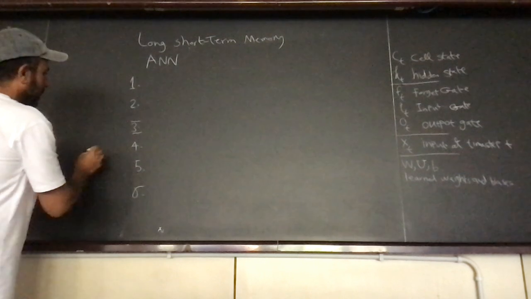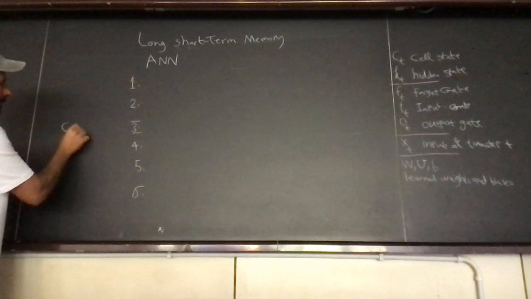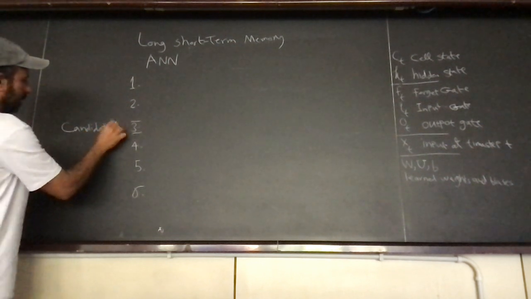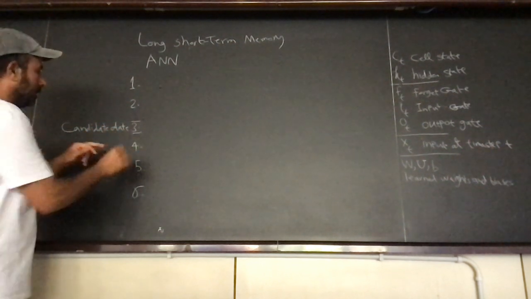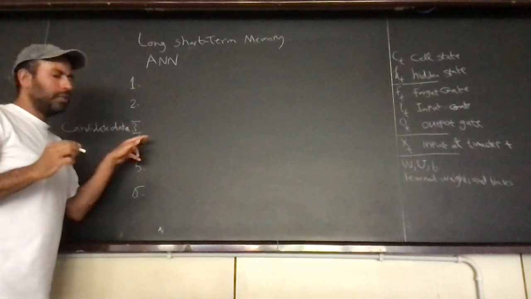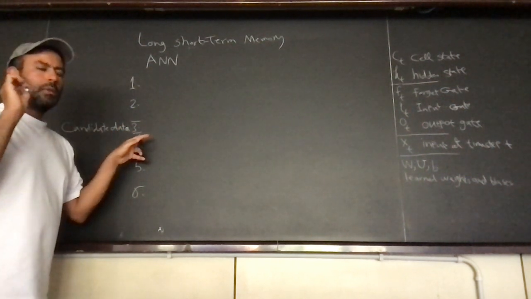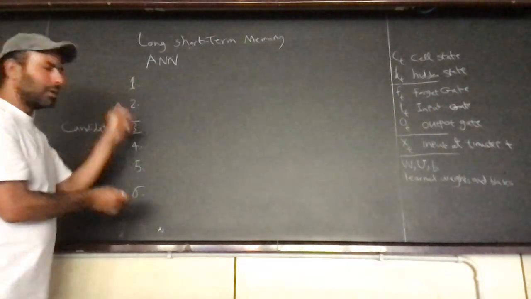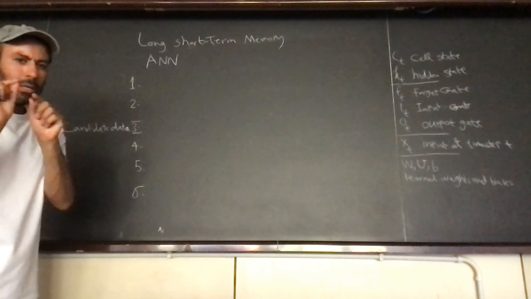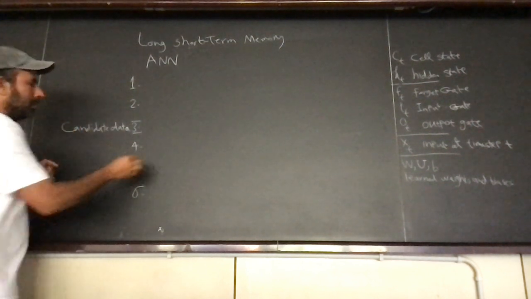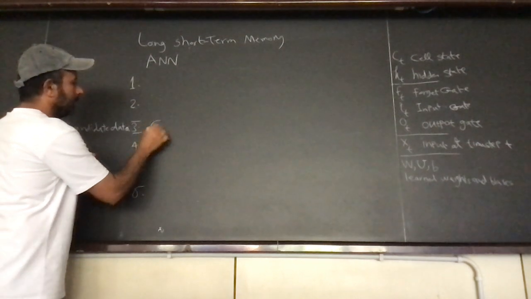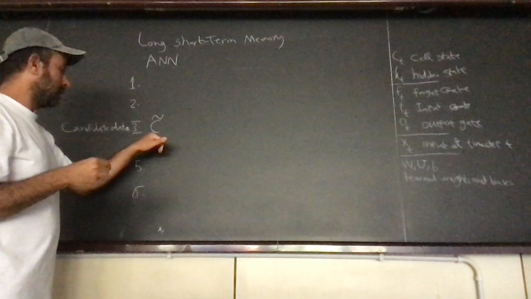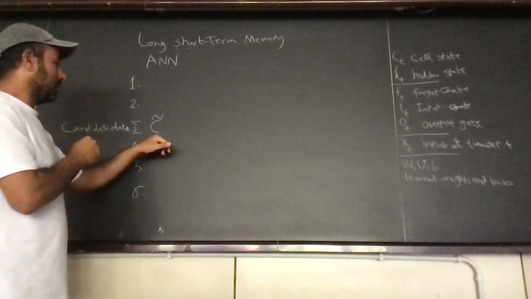Equation number 3 represents the candidate data. It's the new information that we feed into this artificial neural network at this time step number t. It is C tilde. We didn't write it here, but here it represents the candidate data.